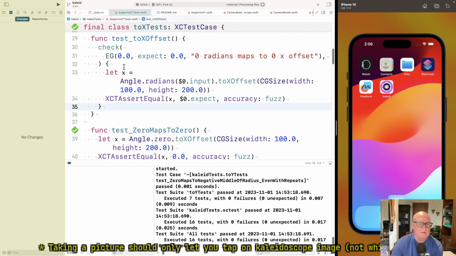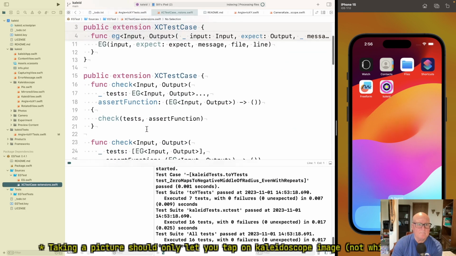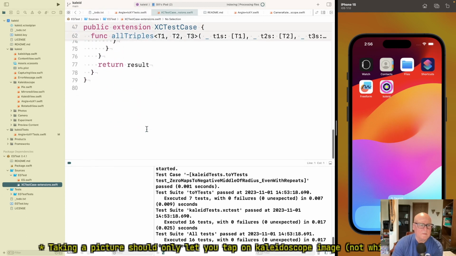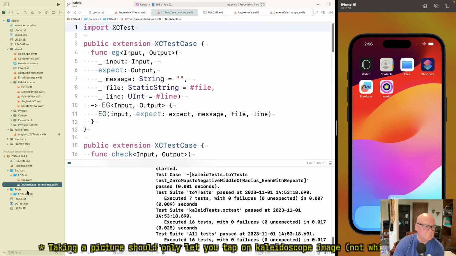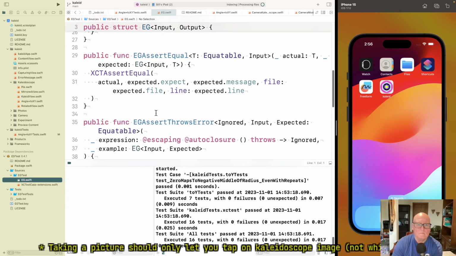Seems funny. Yeah, I should say file and line.